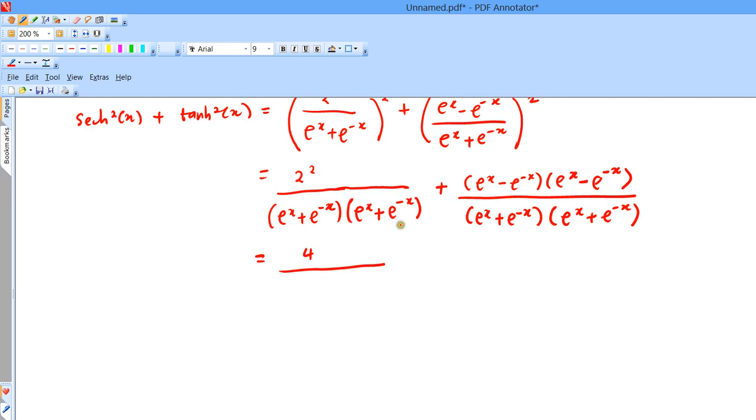for the first term, we have e power of x plus e power of negative x times e power of x plus e power of negative x.